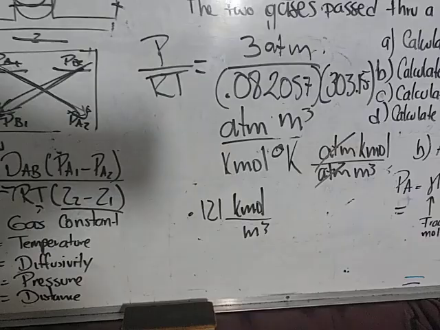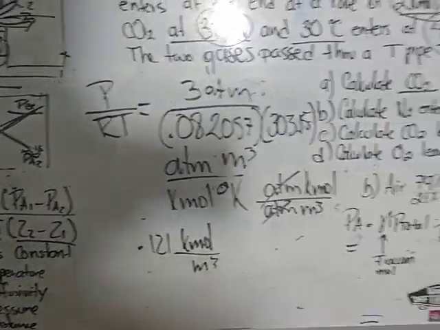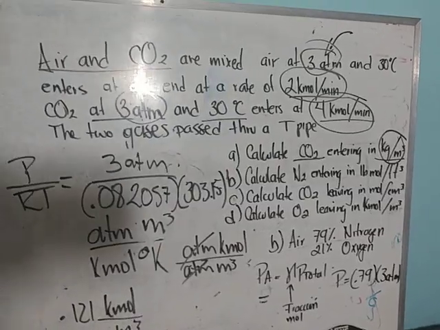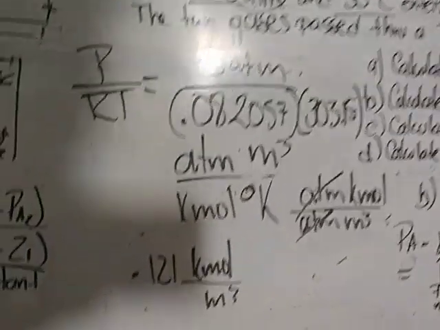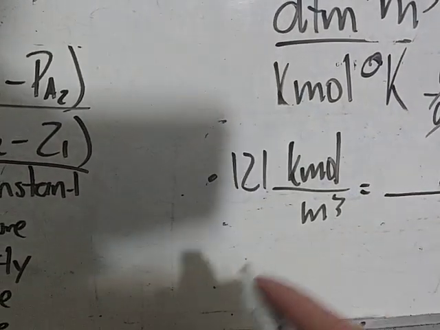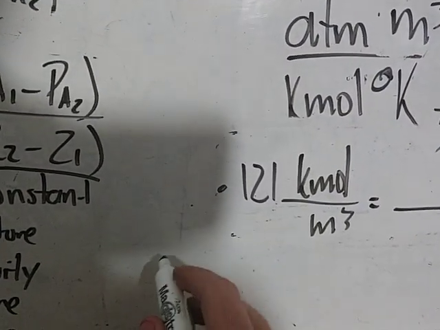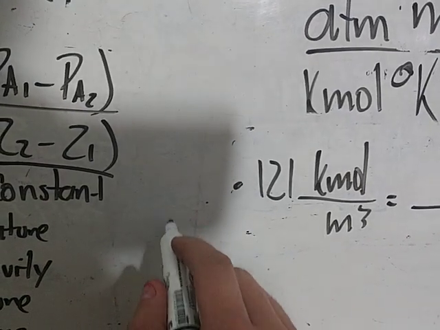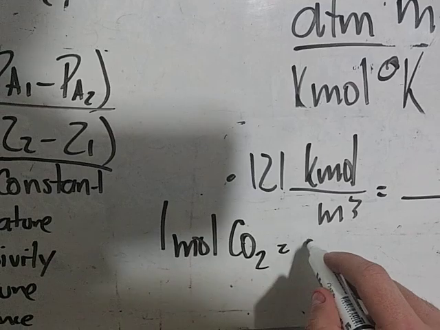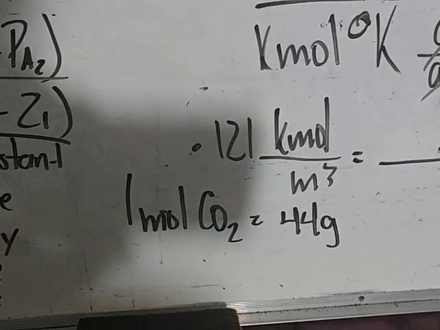per cubic meter. Well, but they are asking that my result has to be in kilogram per cubic meter. To transform this, remember, pay attention to this situation. I have 1 mole of the oxide is going to be 44 grams.